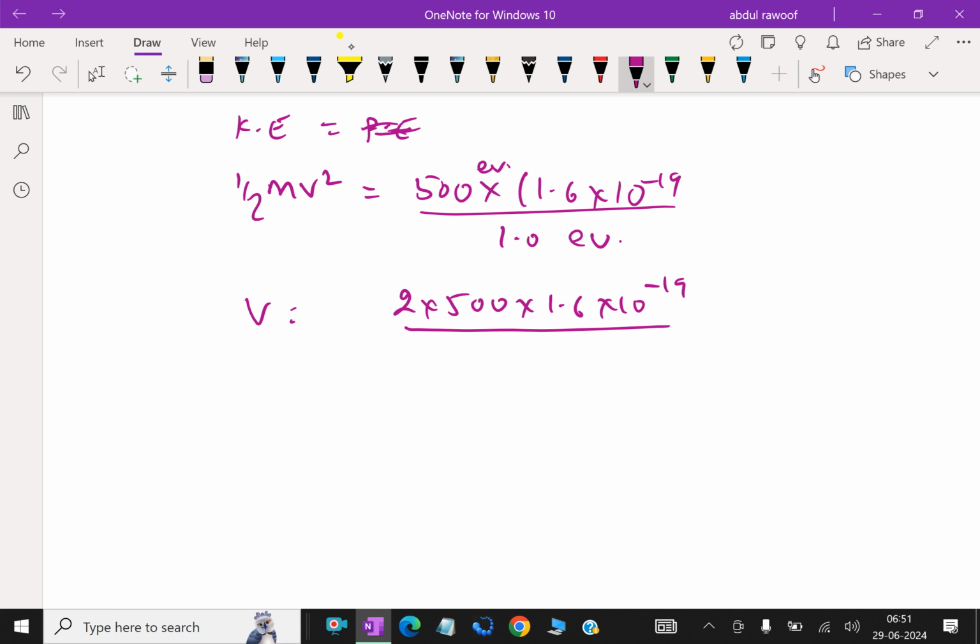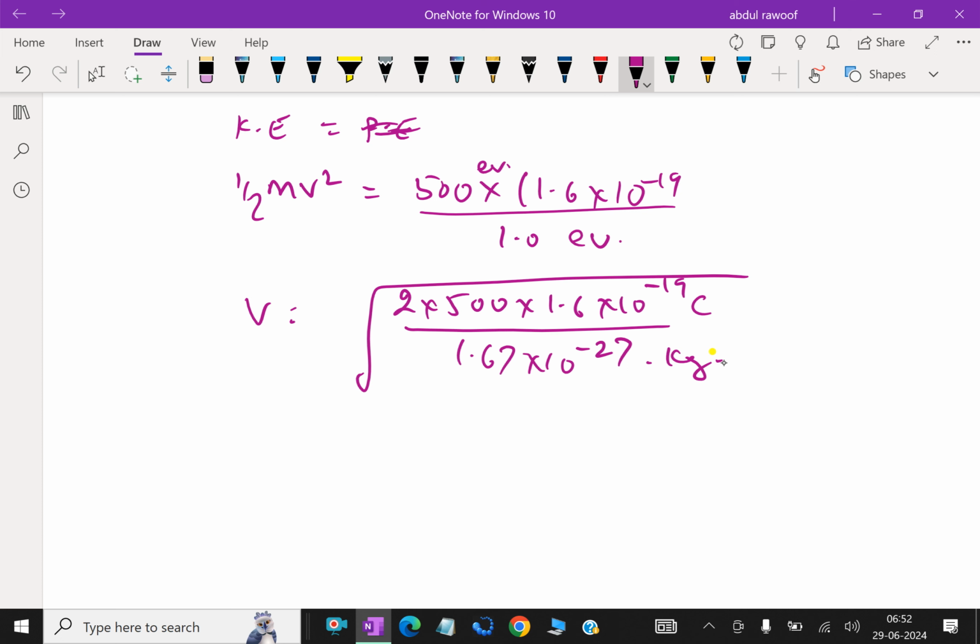This is coulomb charge, over the mass of one proton, which is 1.67 into 10 power minus 27 kg.